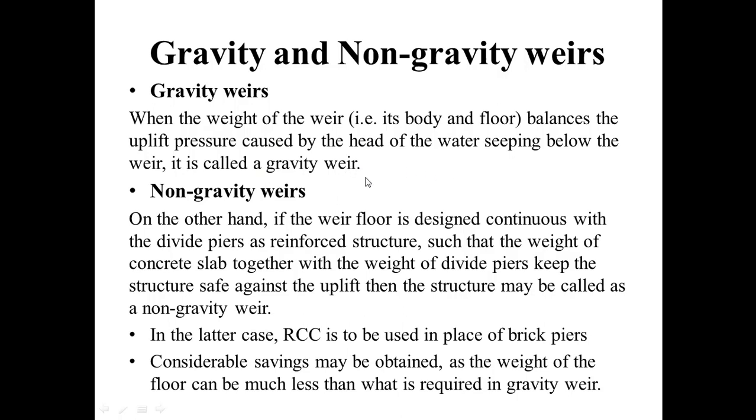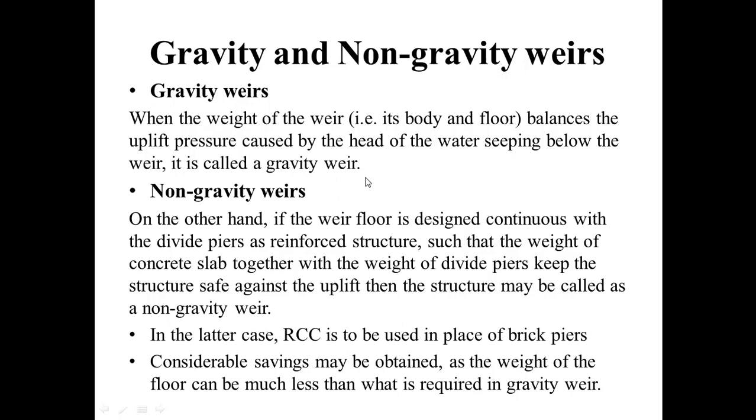Gravity weirs are those structures which balance the uplift pressure caused by the seeping water below the weir, and these types of structures are called gravity weirs. So the main thing in gravity weirs is the weight of the weir, through which they balance the uplift pressure caused by seeping water.